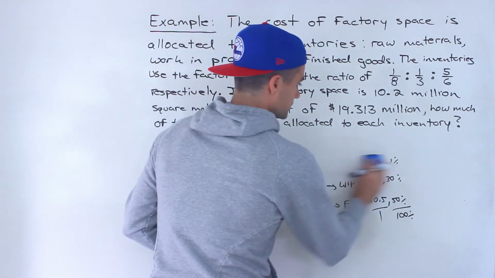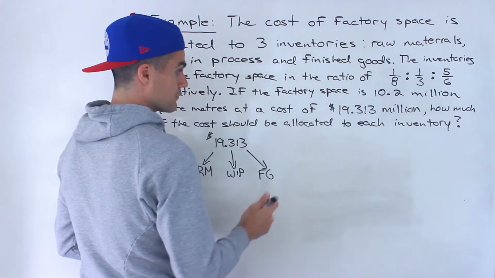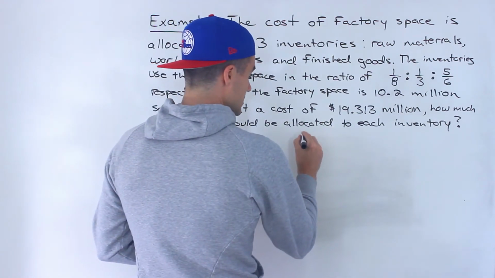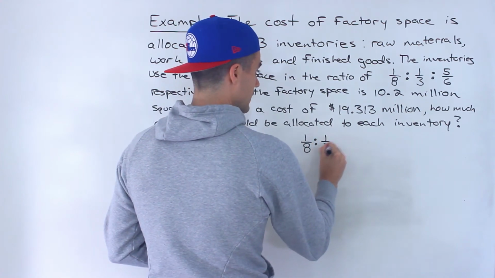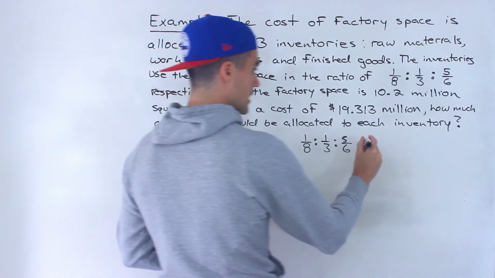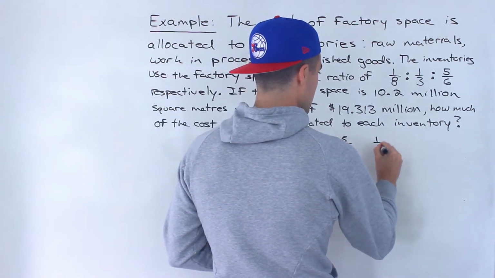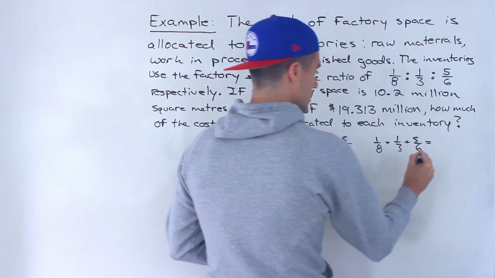Sometimes the ratios could be whole numbers, sometimes they'll be fractions. In this case, the ratio is fractions. So what I'm first going to do is total these up: 1/8 plus 1/3 plus 5/6.